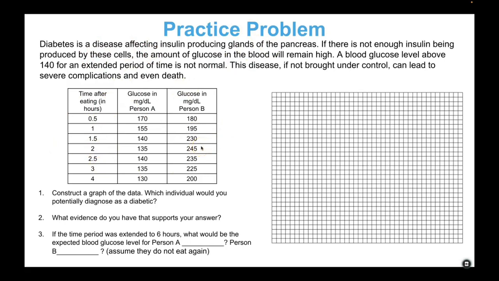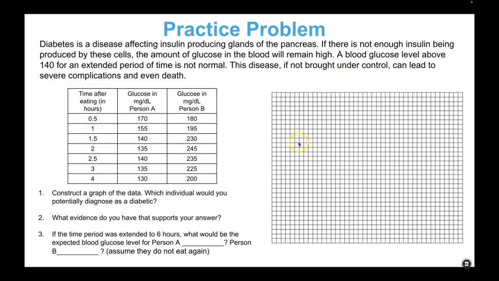And here there's a diabetes practice problem. And so here you're seeing, with a lot of background information, how diabetes and the glucose level is affected throughout time. All right. And so first off, what type of graph do you think you're going to be using if you're measuring how glucose levels change over time?